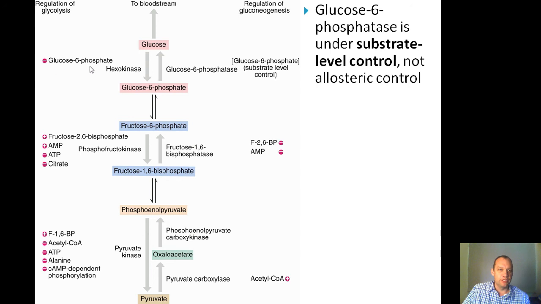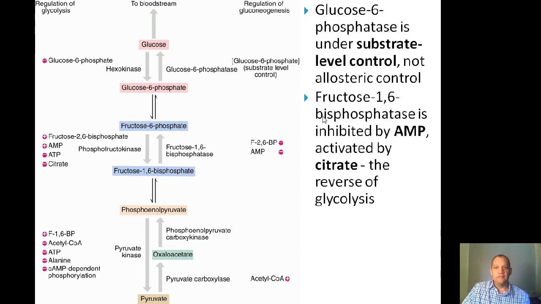So in other words, glucose 6-phosphate inhibits hexokinase. The fructose 1,6-bisphosphatase is inhibited by AMP and also activated by citrate. That's not indicated here, which is the exact reverse of glycolysis. So glycolysis would have been inhibited by ATP, activated by AMP, and inhibited by citrate.